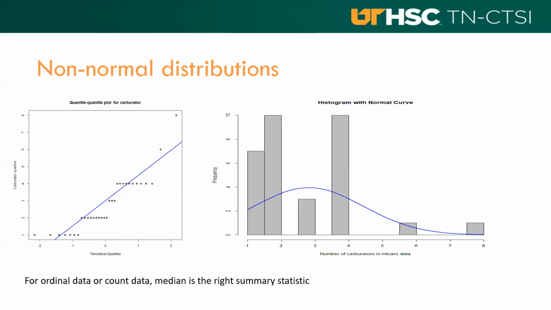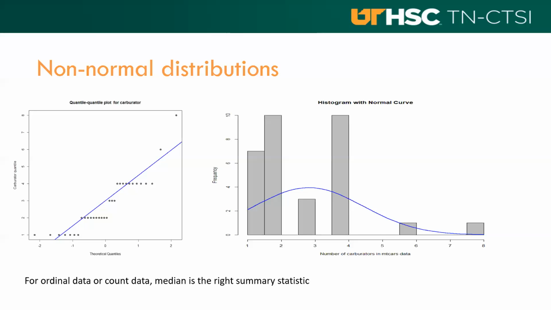On the x-axis we have the theoretical distribution for the data. In this case, as you see, the data doesn't lie on the straight line. It deviates from the straight line and it's not normally distributed. So for this kind of data, like the old carburetors, we will use the median to report the measure of central tendency.